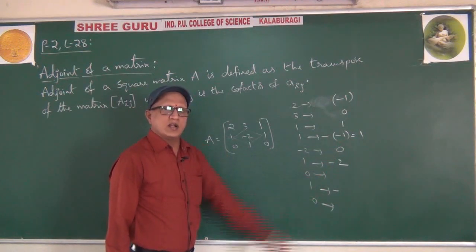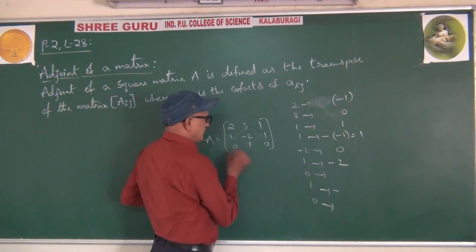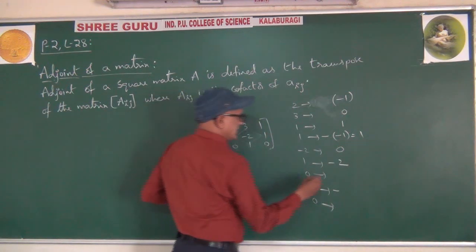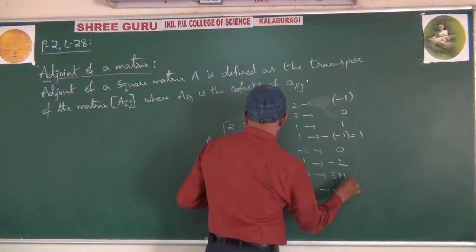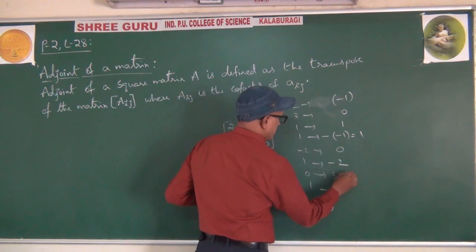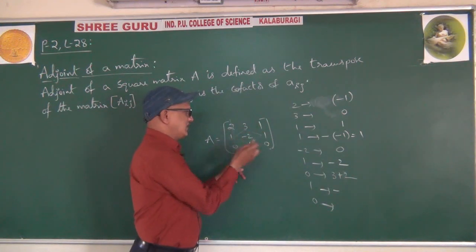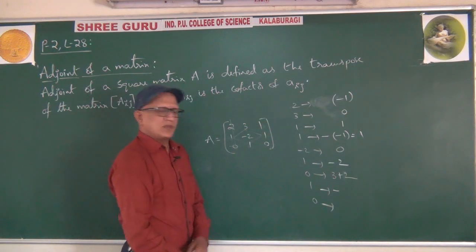Already minus is there, so it becomes minus 2. For 0, remove this row and column: 3 minus 3 plus 2. For this 0, 3 ones are 3, minus 2, means 3 plus 2, means 5.